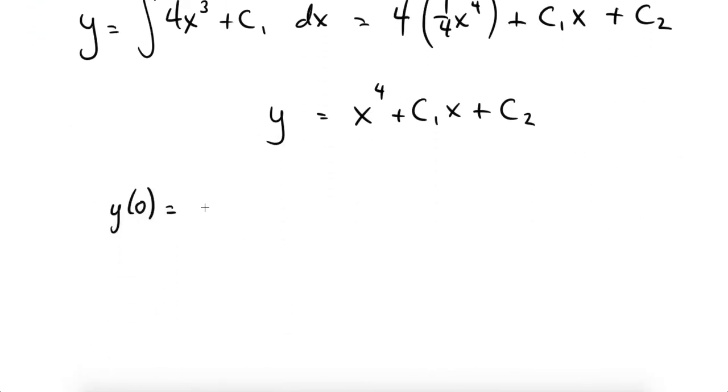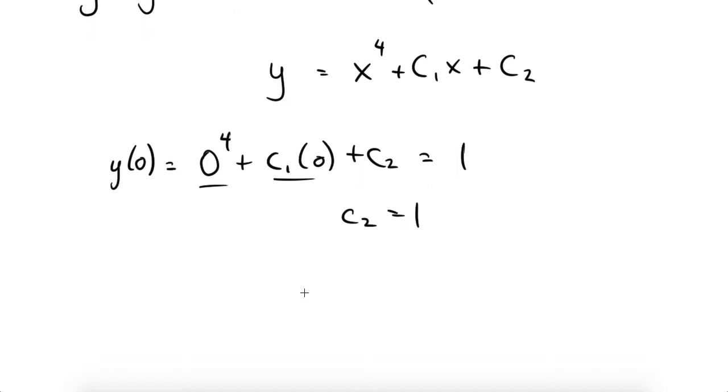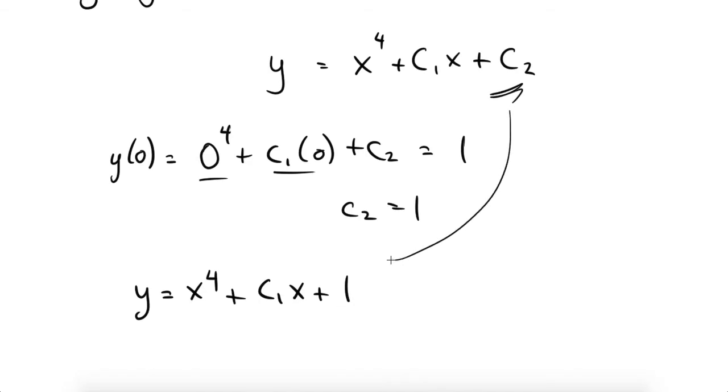So y of 0, that's 0 to the fourth plus c1 times 0 plus c2 is supposed to be equal to 1, right? Well, this is a 0, this is a 0, so that just tells me immediately that c2 is equal to 1. Okay, great. So now I know that y is equal to x to the fourth plus c1x plus 1, because here this c2 now I know is a 1.